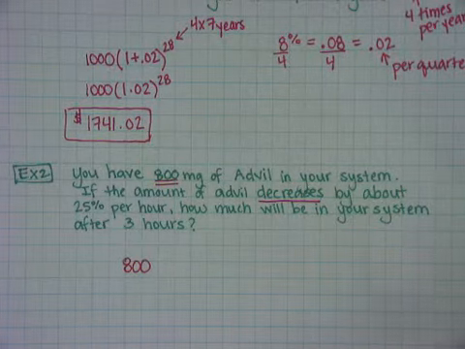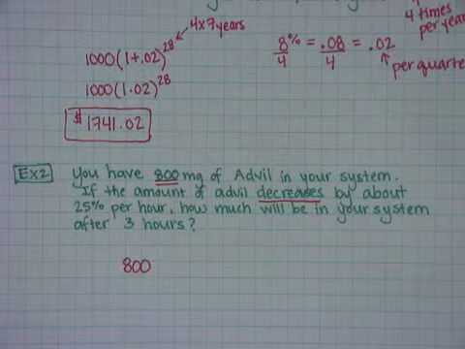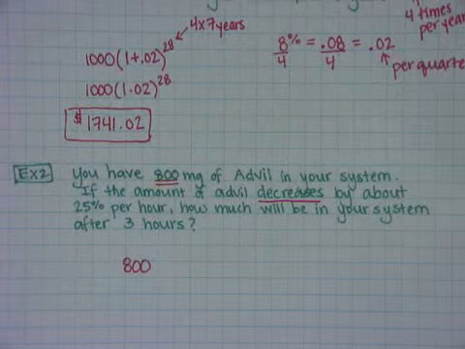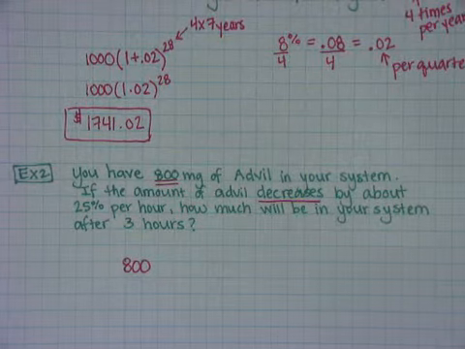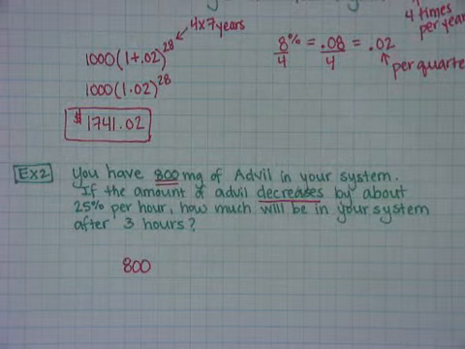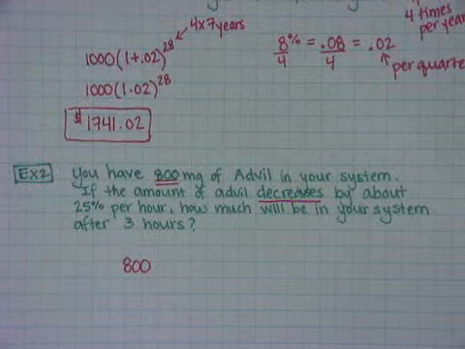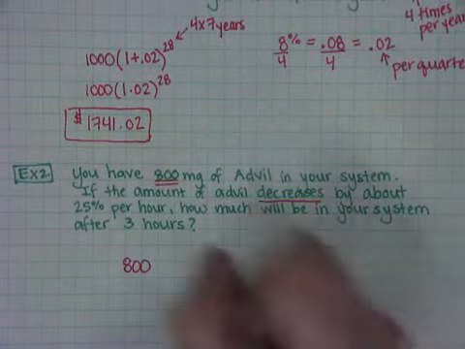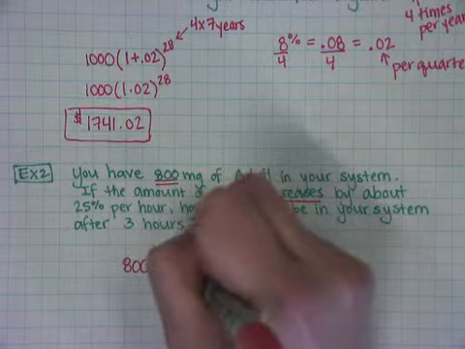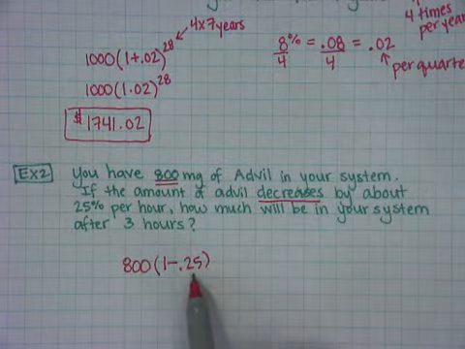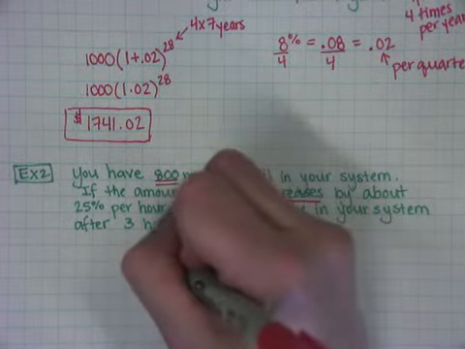And then we're decreasing by 25% per hour, which means we're losing 25%, but we're losing that 25% away from 100%. So if we're losing 25, how much are we keeping? 75. We're keeping 75. And so what you would do here is 1 minus 0.25, because that's your 100% minus your 25%.